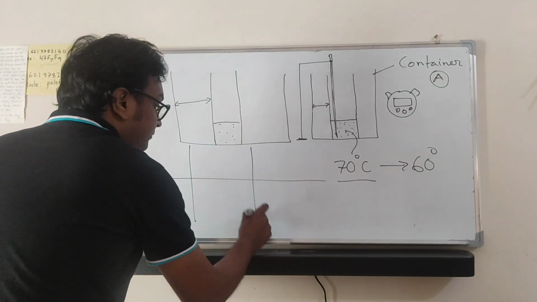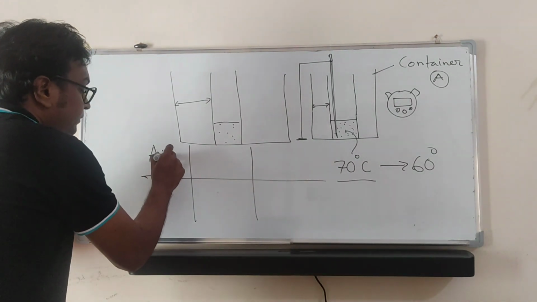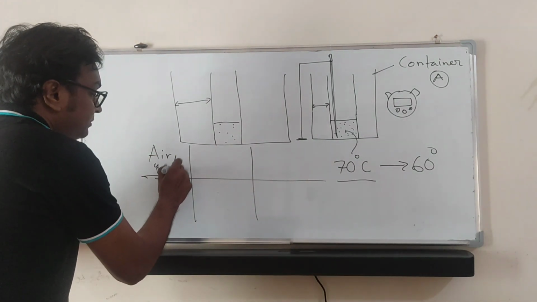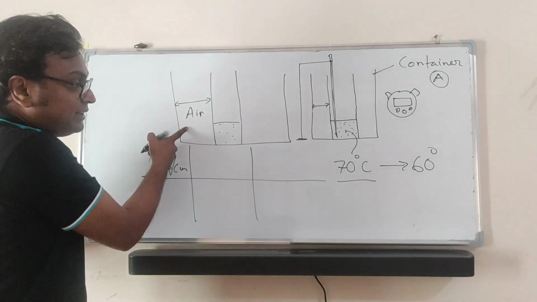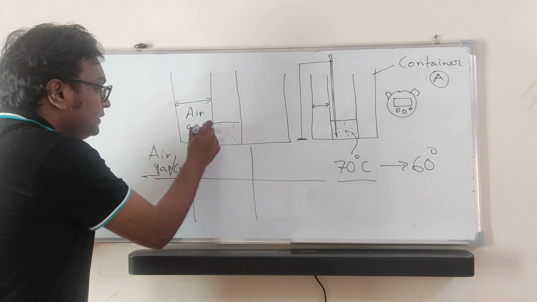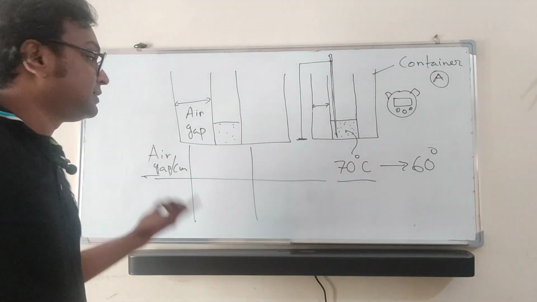You can keep 3 different portions. In the first I am keeping the air gap in centimeters. This is the air gap. In the board diagram you can see the air gap. So as the diameter is increasing, the air gap is increasing.